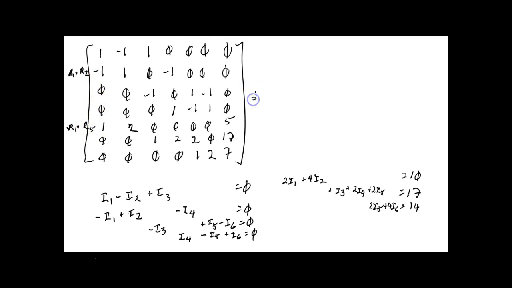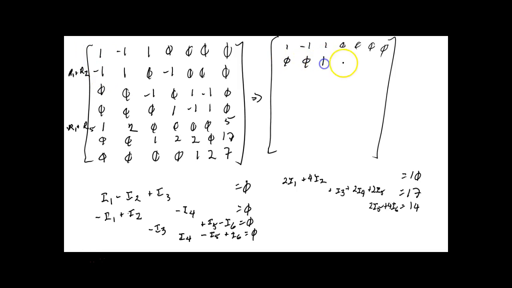Okay. All right, so row 1 stays the same. 1, minus 1, 1, and 4 zeros. Okay, when you add those two together, what do you get? 0, 0, and 1, negative 1, 0, 0, 0.